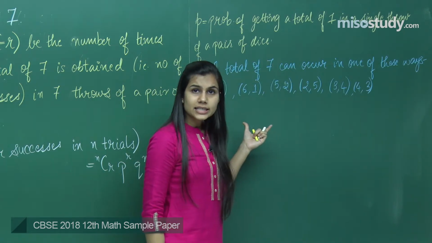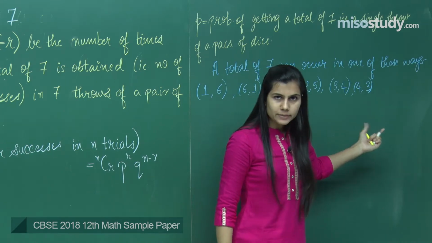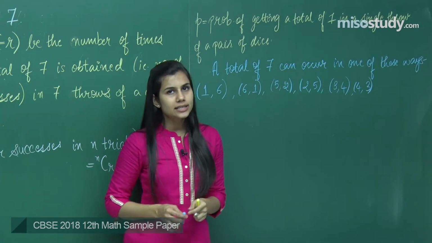So out of the 36 outcomes, these are the 6 outcomes which land you in success situations.